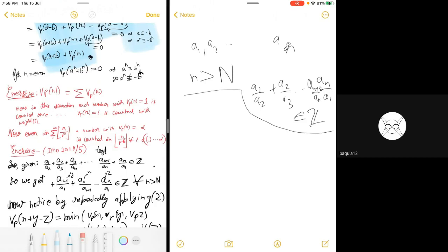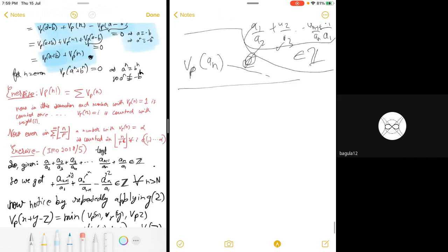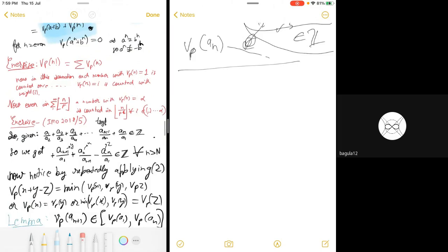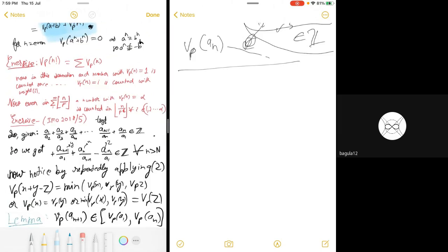So we will use this result and prove that the VP of An becomes constant after some finite point for all primes, and then An also will become constant, because An is basically the product of the prime powers. You can try this for maybe 3 to 4 minutes.